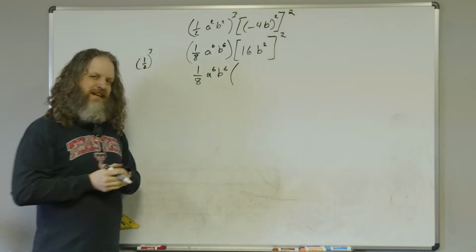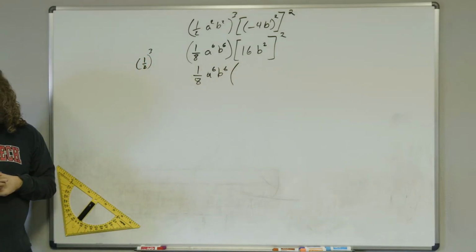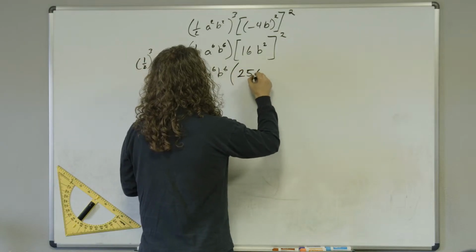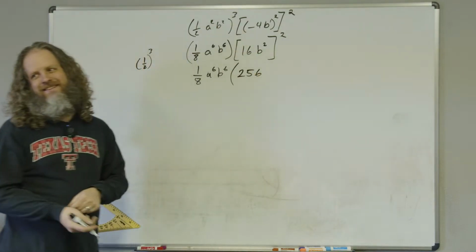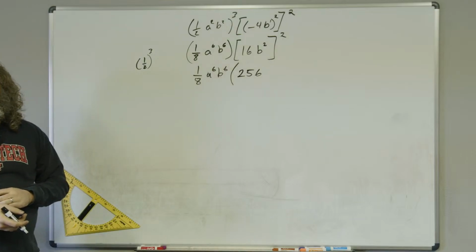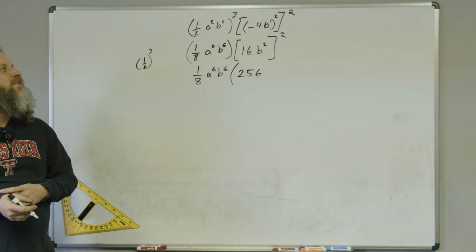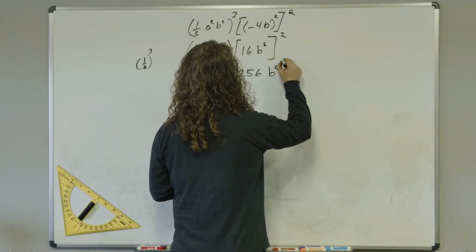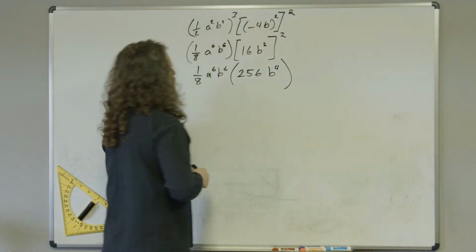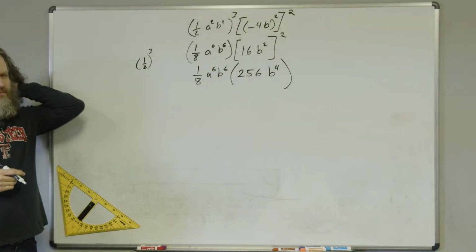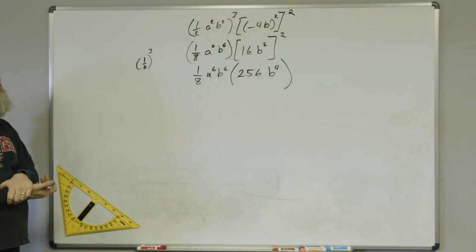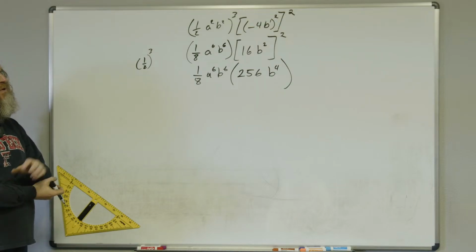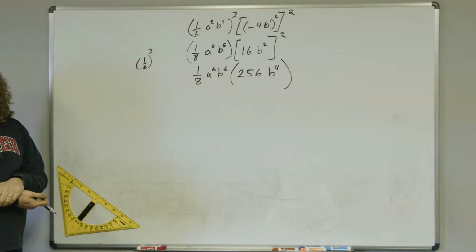What's 16 squared? 256. And then what's b squared squared? Fourth. There you go. B to the fourth. Now what do we do with that 1/8 and that 256?